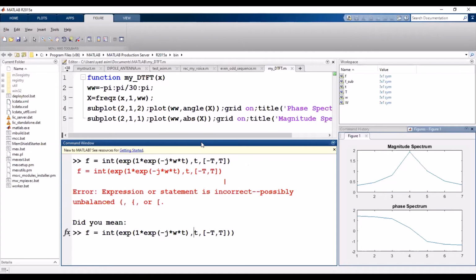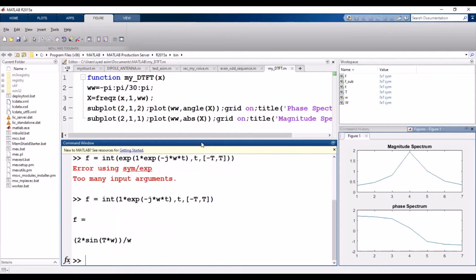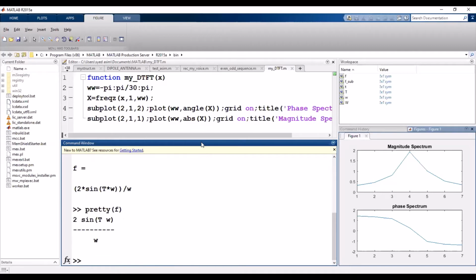So that is the solution. Pretty f, we have this form, and now I substitute using f underscore sub.